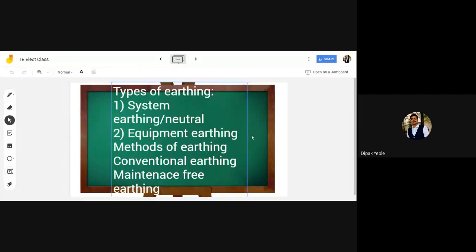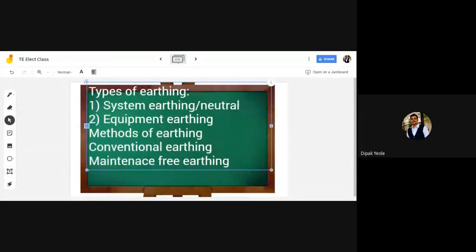What is the meaning of conventional earthing? The earthing which we have been using for many years, where we bury one conductor or one rod inside the earth, maintain the charcoal and the salt, and pour water regularly.